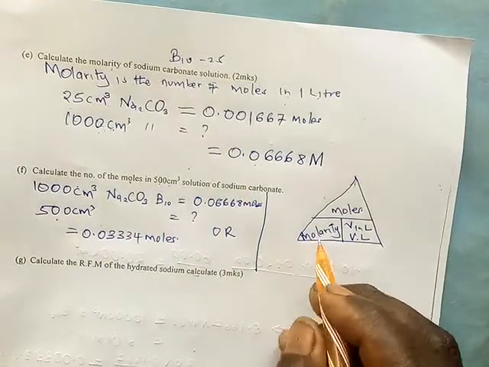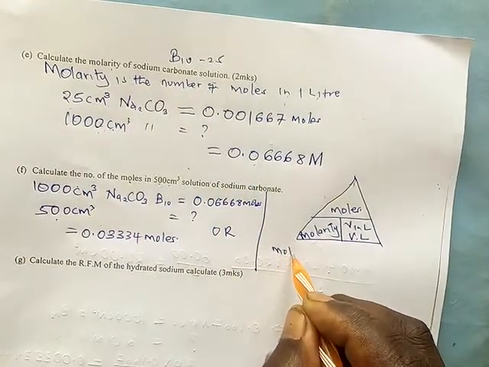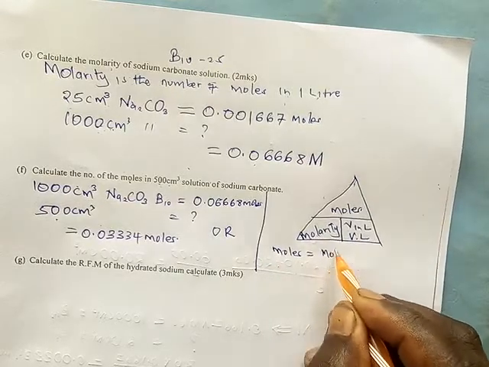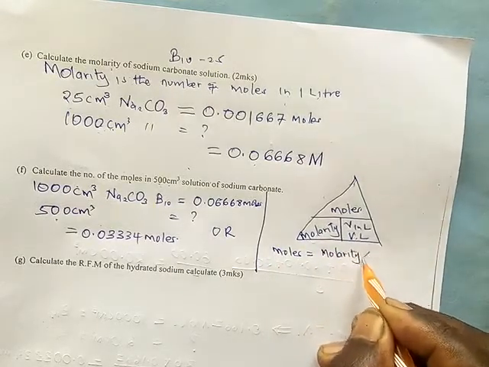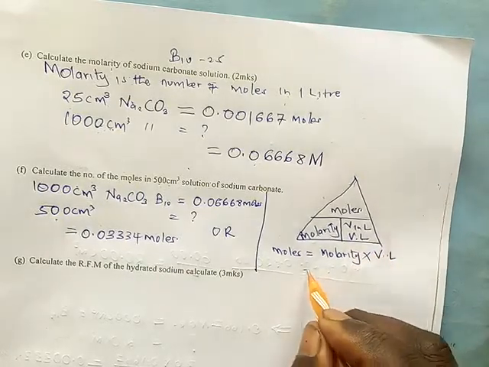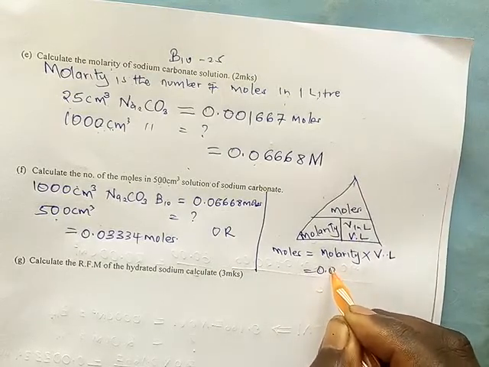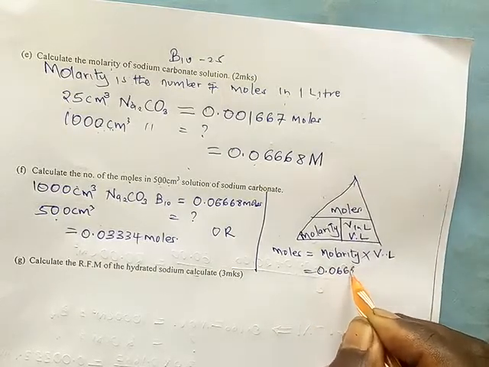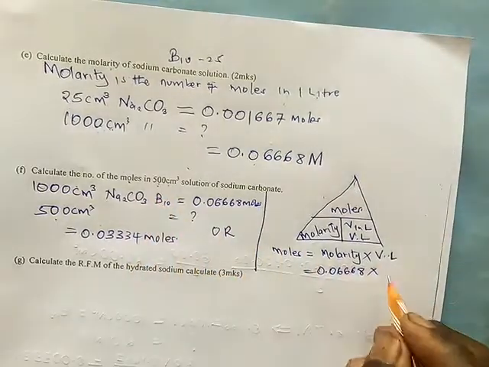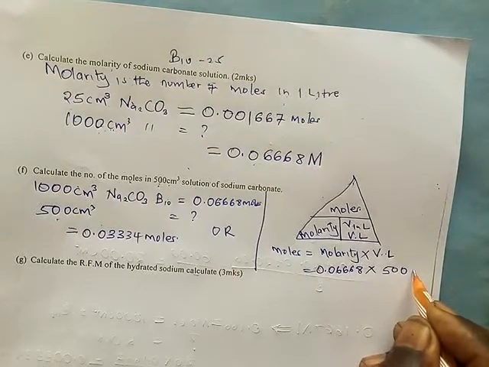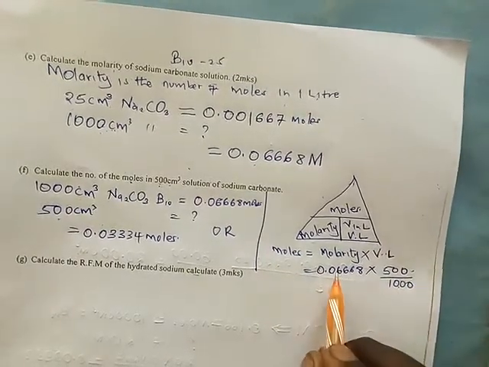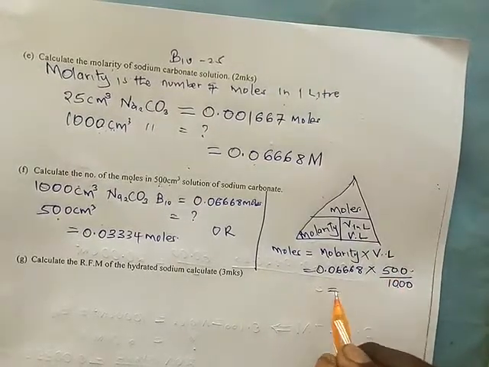So we can now use the formula. Moles equal to molarity times volume in liters. This volume must be in liters. Our molarity is 0.0668 times volume. The volume is 500. But the 500 is in centimeters, so we convert it to a liter by dividing by this. So this times this, the answer is going to be the same.